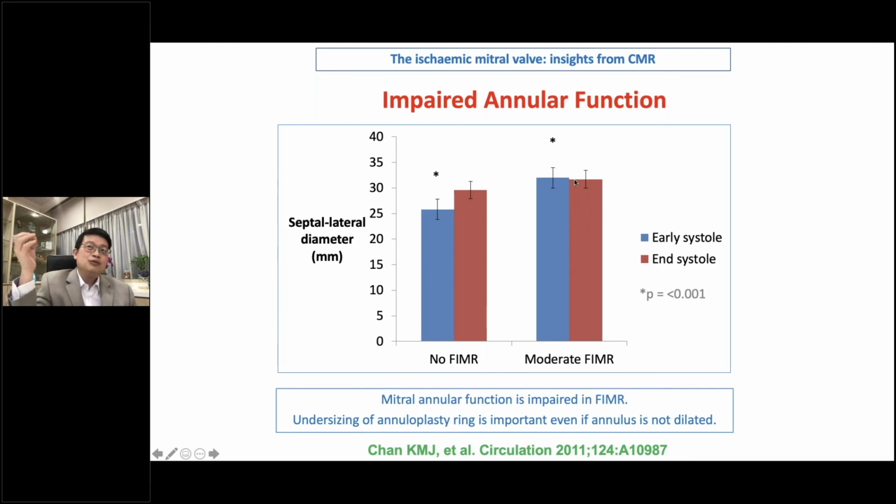And this is again one of the mechanisms which contributes to mitral regurgitation in these patients. And that is another reason why we would put in a mitral annuloplasty ring, which is smaller than the actual size, to compensate for this loss of mitral annular contraction.